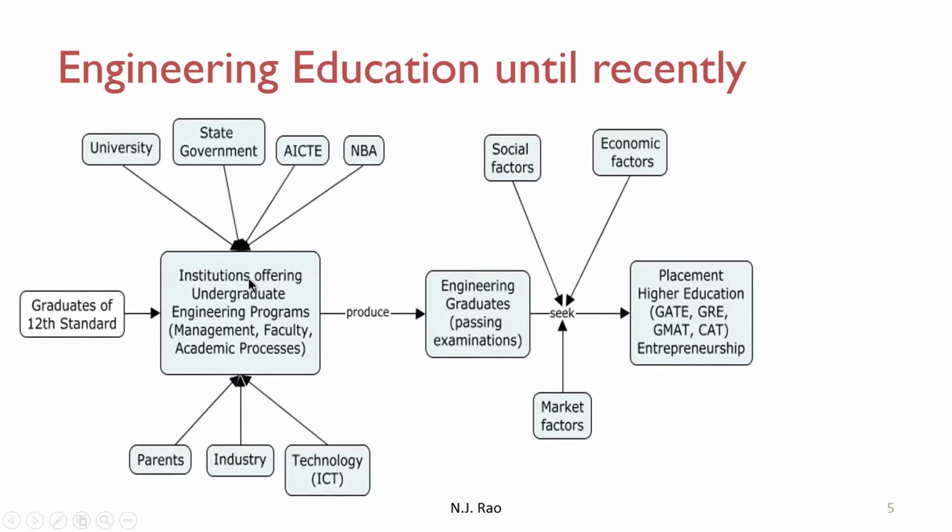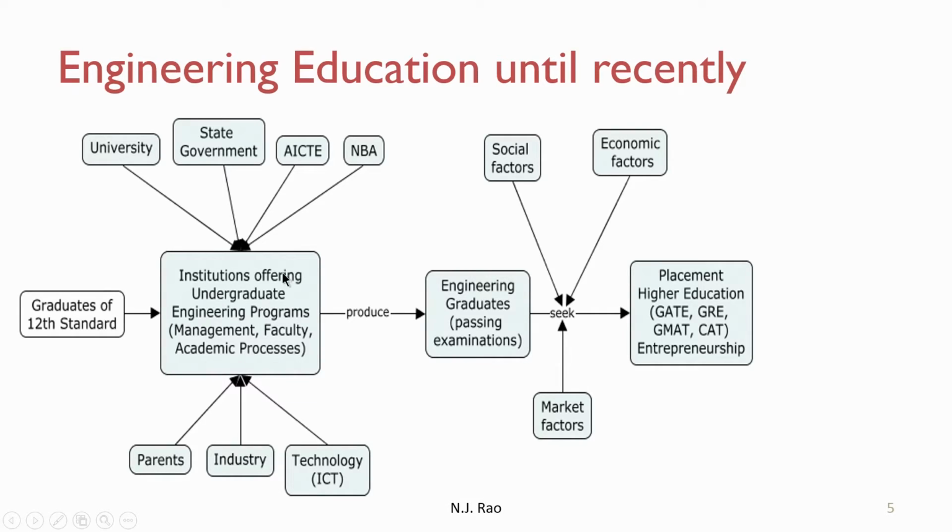An institution is characterized by its management, faculty and some established academic processes. And the main input is graduates of 12th standard. Occasionally you get a parallel entry from the graduates of diploma programs, we call it parallel entry, but dominantly it is the graduates of 12th standard who come here.